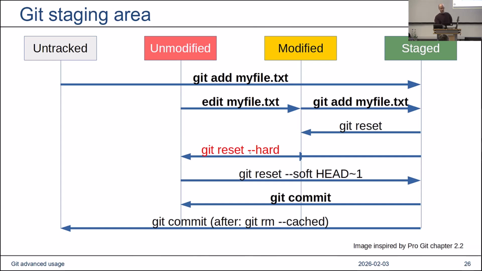And the git reset --hard brings you back to where you have pending changes, and you delete these changes. So the arrow directions are a bit misleading because they only technically bring you backwards, not forwards, if that makes sense.